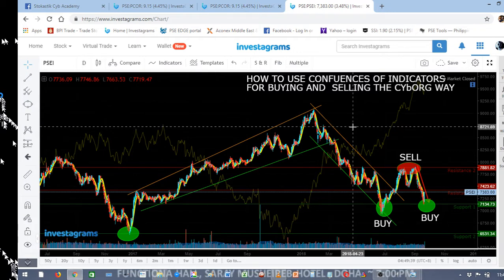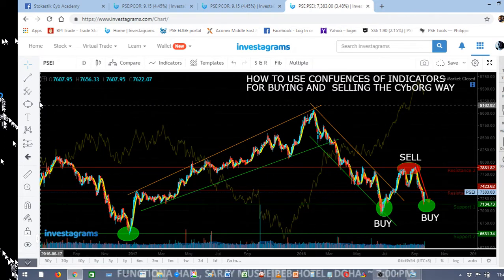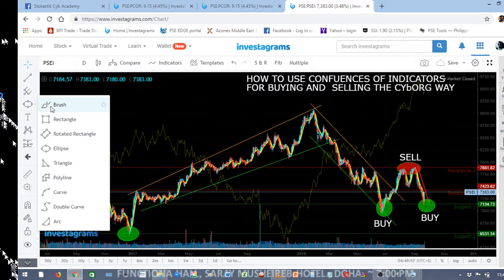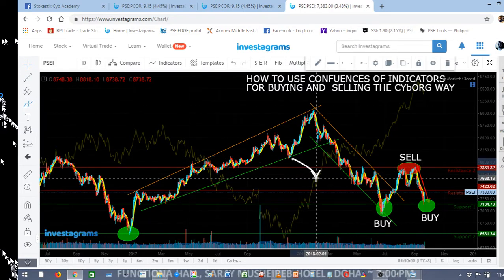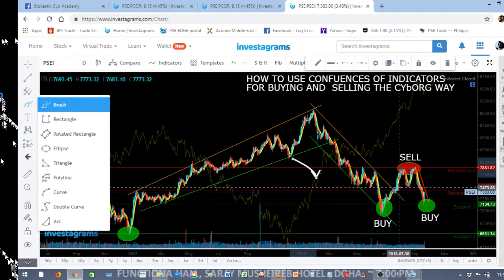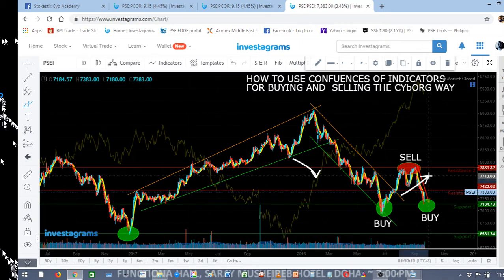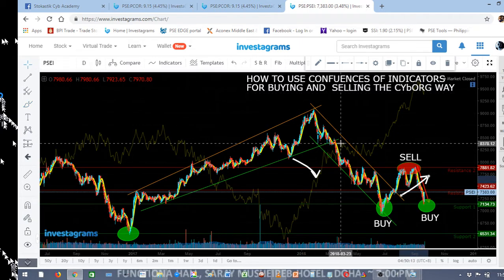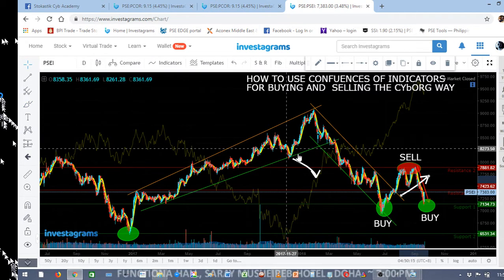It was already mentioned and clearly explained to you in my previous tutorials the importance of putting up a support trend line and a resistance trend line to know whether a particular stock will go down or go up. So let's digest it in short.